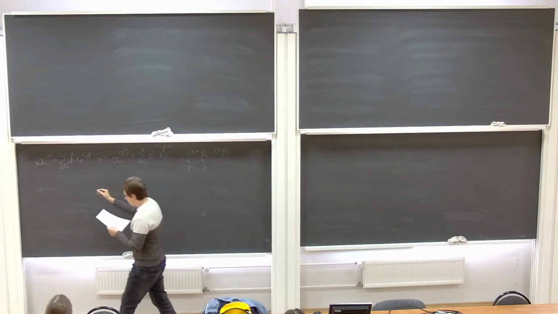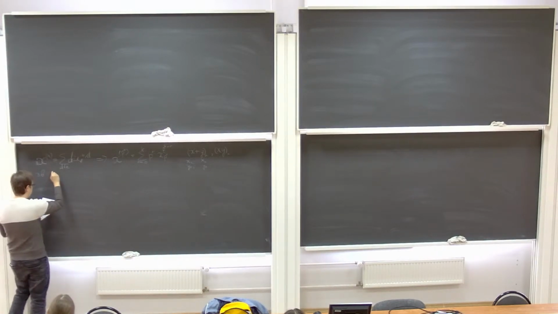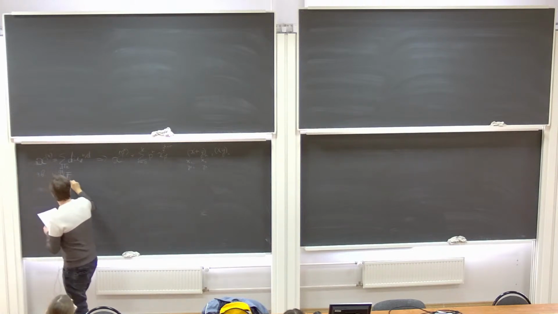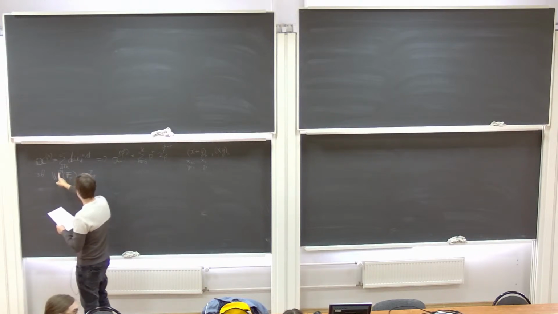The problem 3b is to show that the algebra of Witt vectors over F_p is isomorphic to the p-adic numbers.